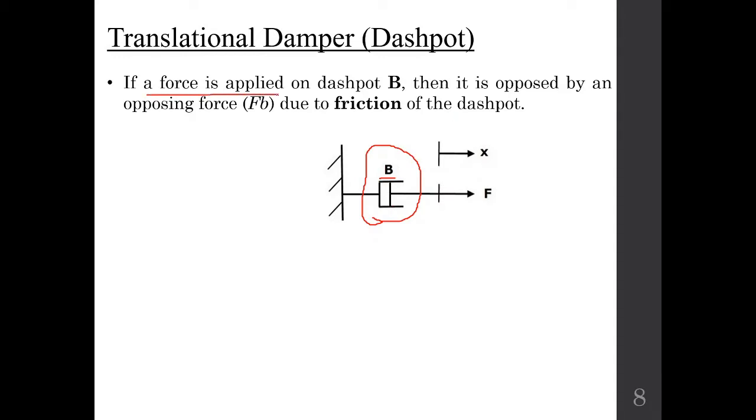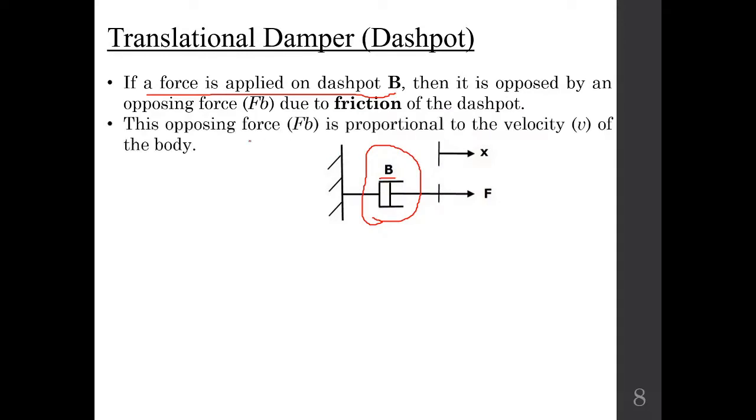So if you apply a force on a dashpot having a frictional coefficient B, the dashpot will be opposed by an opposing force FB due to the friction of the dashpot. And this opposing force will be proportional to the velocity of the body. So the more speedily you apply this force, the more will be the opposing force.